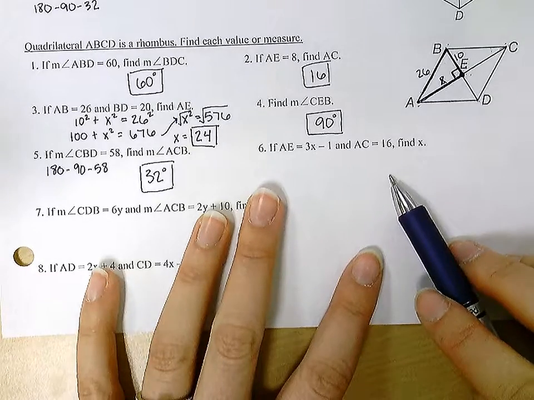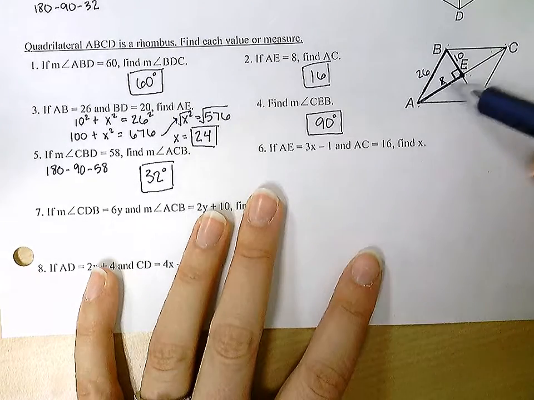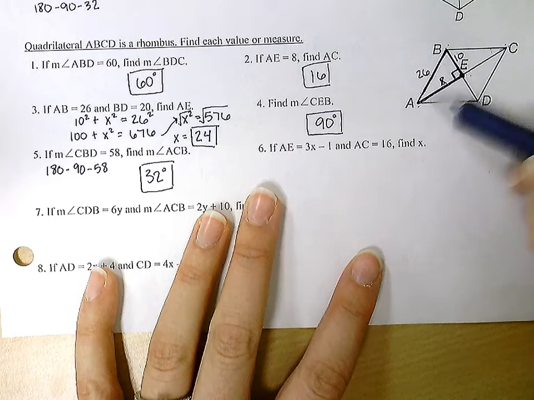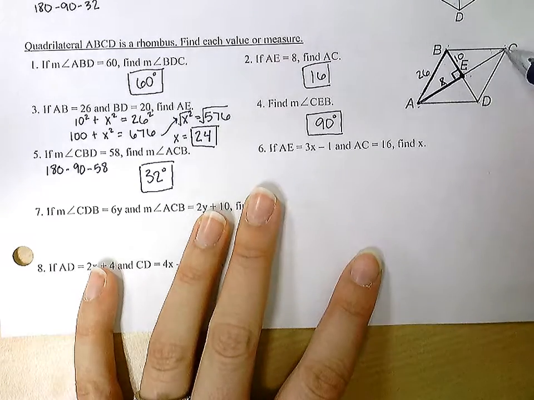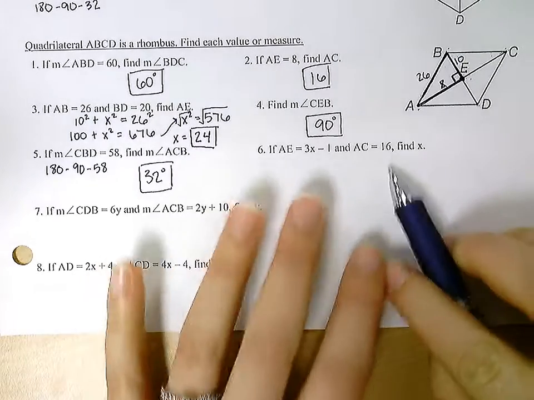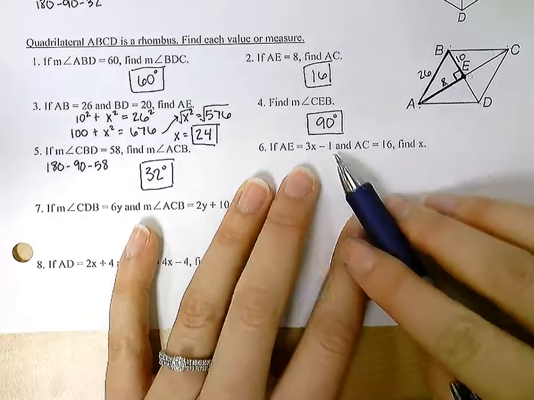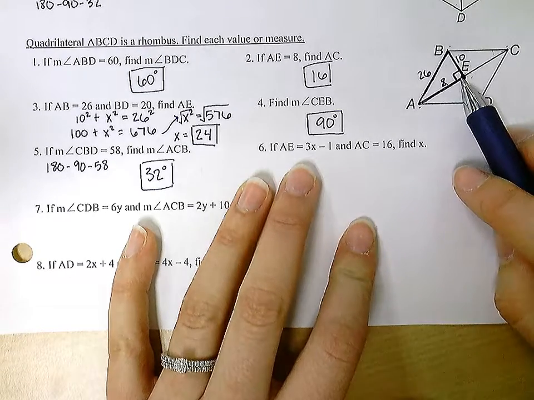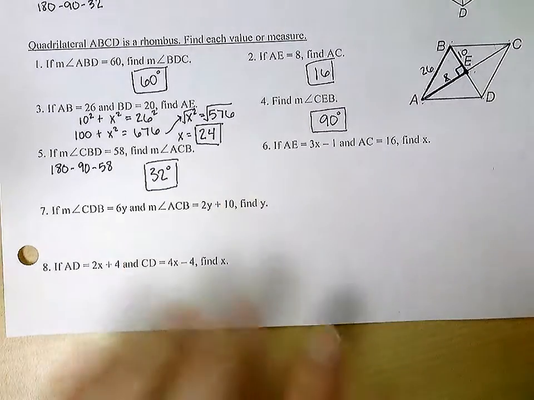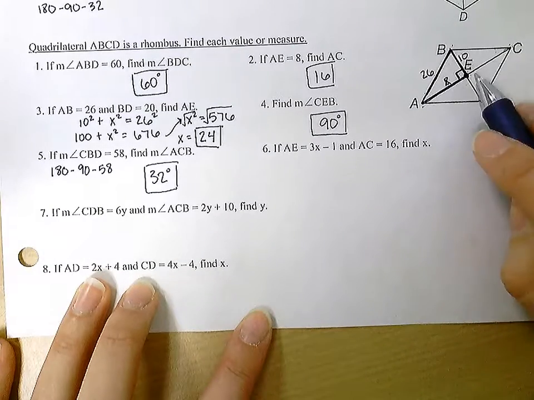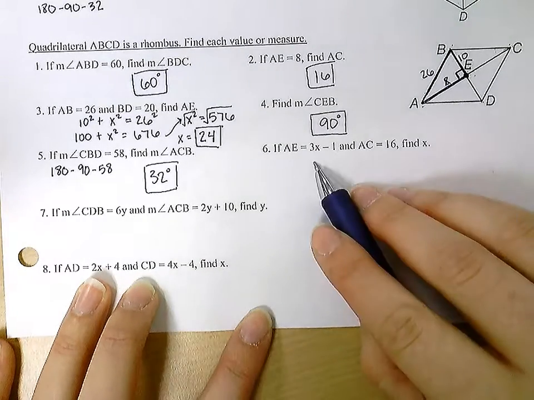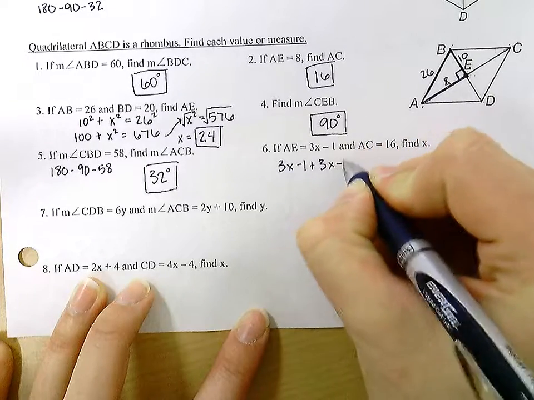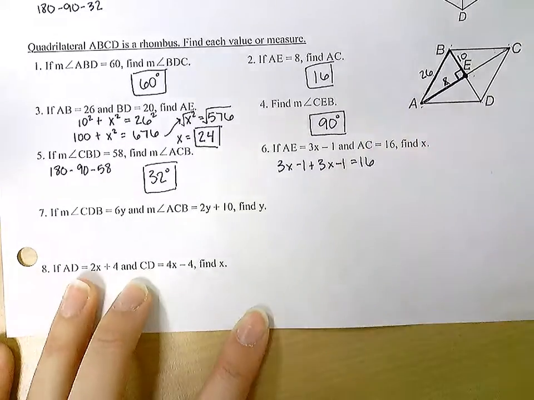For number 6, you're given AE is 3x minus 1 and AC is 16. Don't set these two equal because this one is only half of 16. So 2 ways you could do this. You could add 2 of the AE's together: 3x minus 1 plus 3x minus 1 equals 16.